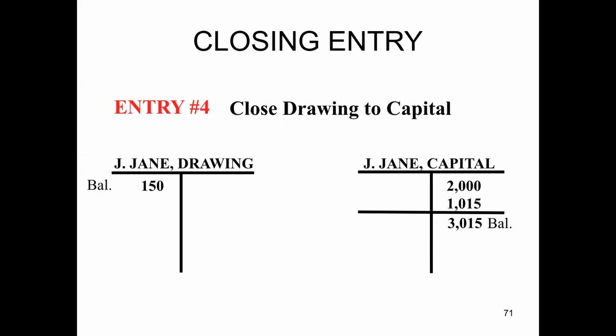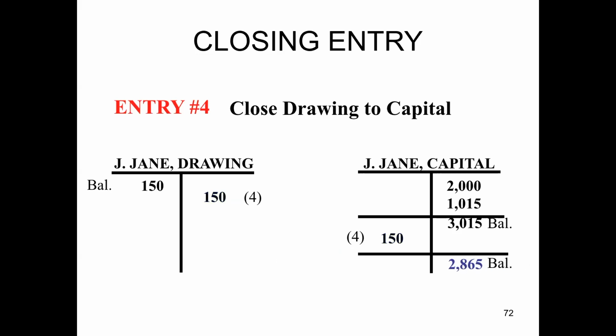Done. Now let's go to the fourth step, and that is to close drawing account to capital. Right now, Jessica Jane drawing account has a balance of 150. The entry to close drawing is to credit 150 to Jessica Jane drawing account and debit capital 150.